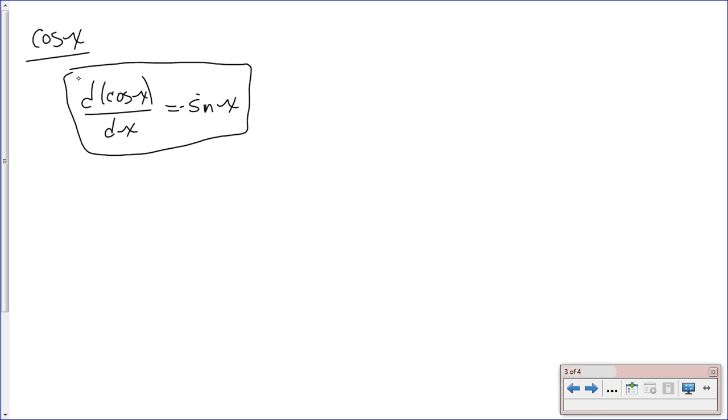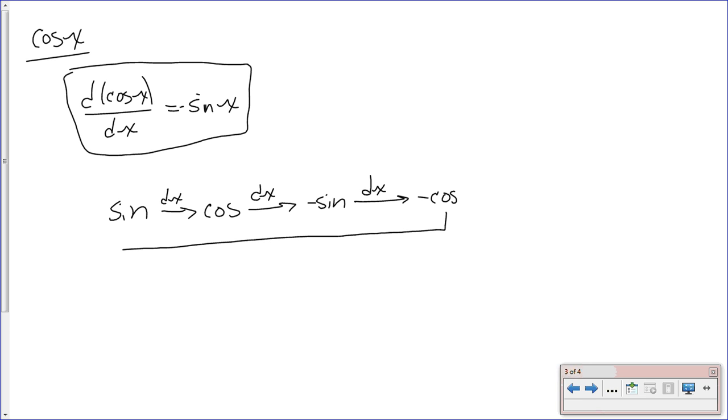Alright. So if you remember kind of a little flow chart, the derivative of sine is cosine. The derivative of cosine is negative sine. And the derivative of negative sine is negative cosine. And the derivative of negative cosine is positive sine, and you repeat the process. Alright?